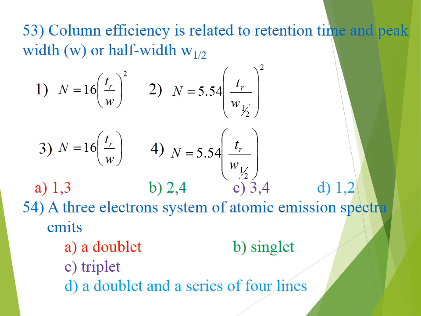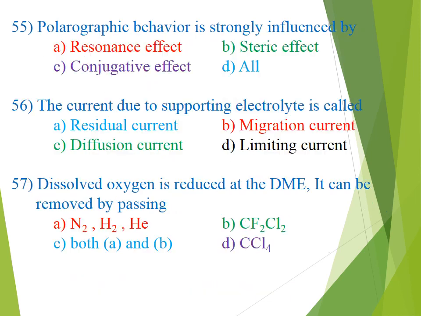Question number 54. A 3-electron system of atomic emission spectra emits. The correct answer is D, a doublet and a series of 4 lines.